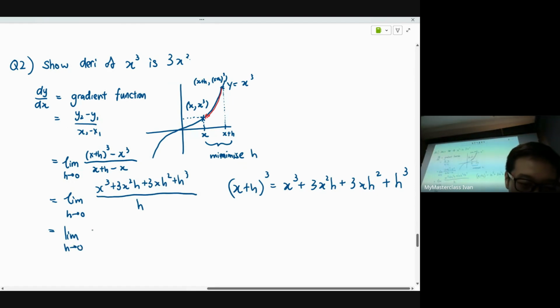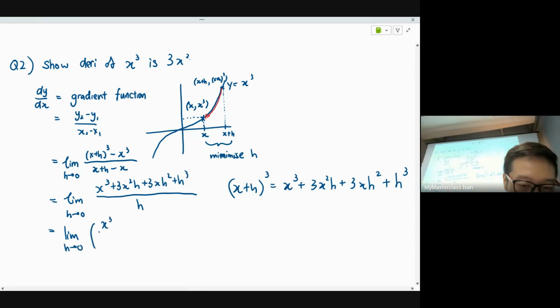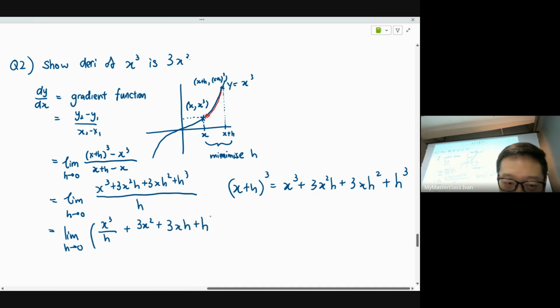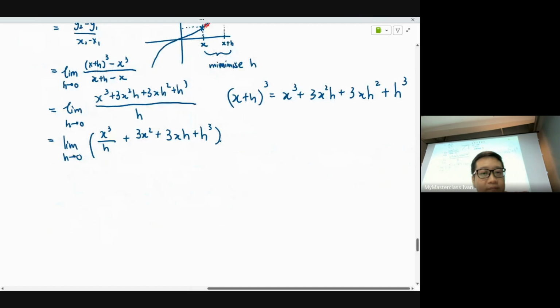Now you divide. x cubed over h plus 3x squared plus 3xh plus h cubed. Anything with h, this one will be 0, 0, 0.